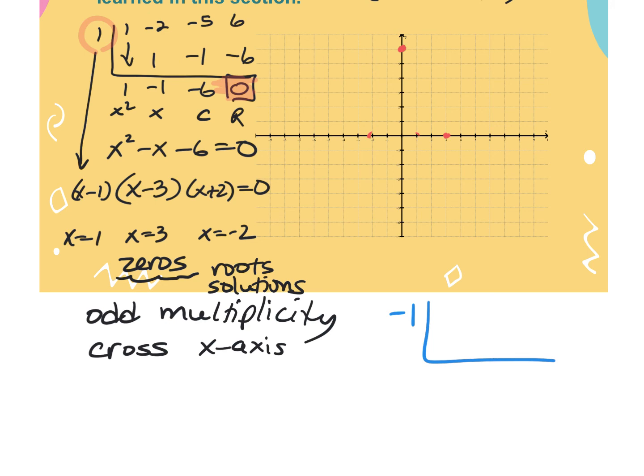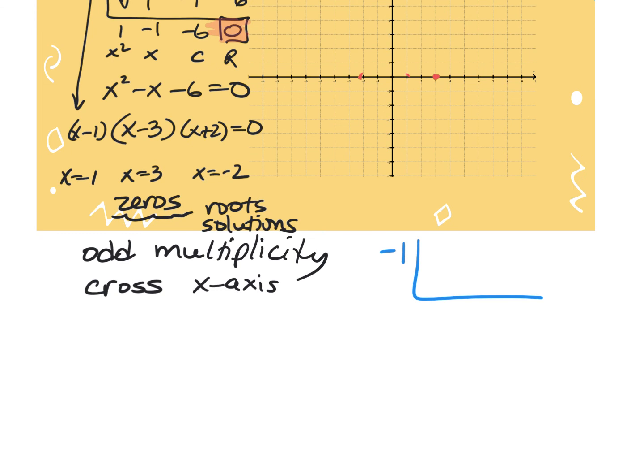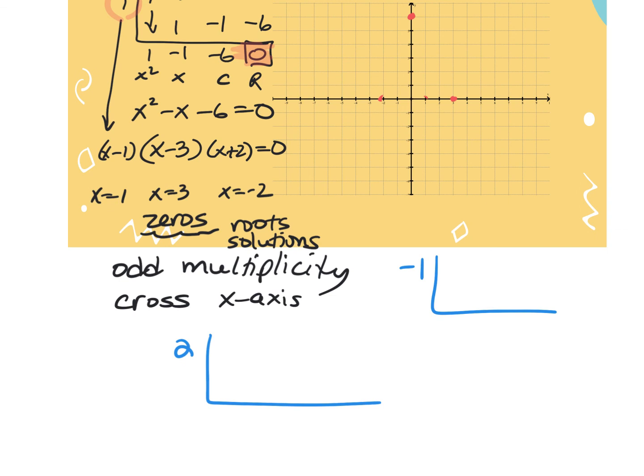So I'm going to plug in positive 2 to get an additional point. Now, if you're using a graphing utility, you would just open up that table to get additional points. Now, by choosing -1 and positive 2, this may not be the highest my graph goes or the lowest, but it's going to give me the direction to make the wiggle in between.